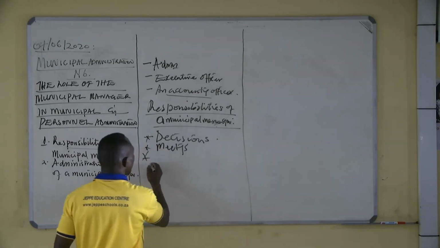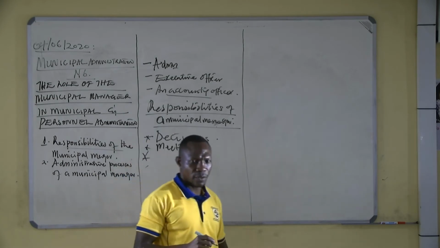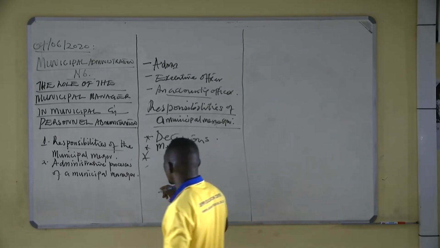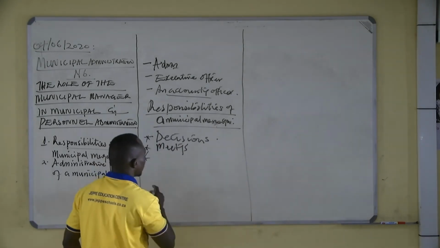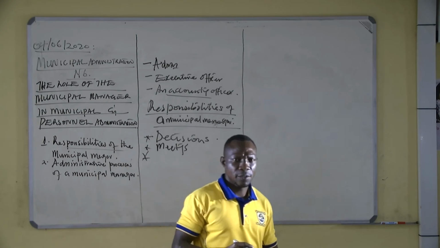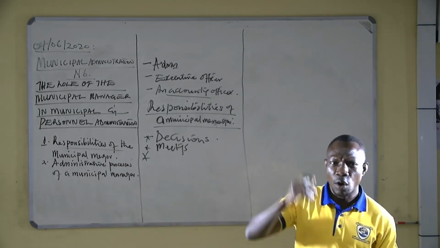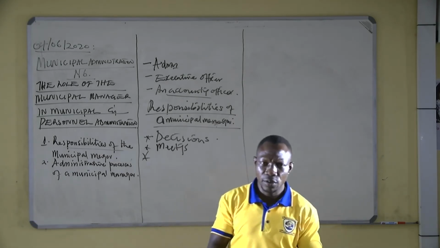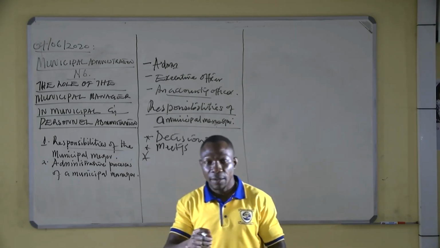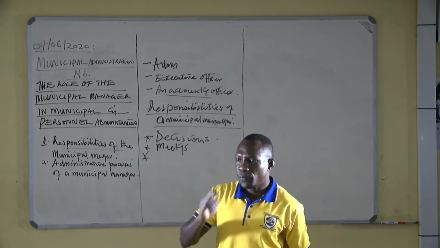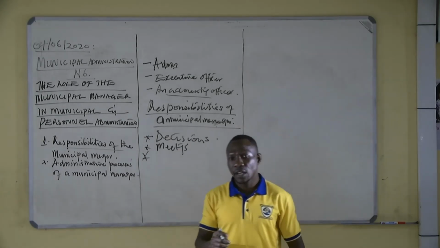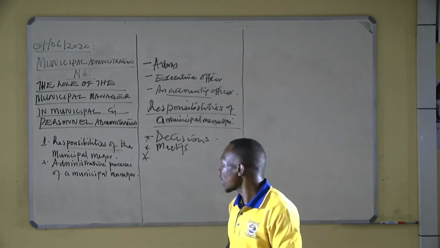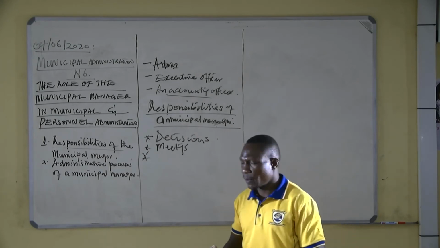And also, this municipal manager is in charge of making sure that he creates effective communication, especially between the councillors and officials in the council meetings, especially the chief officials who are the heads of departments, and all other officials.